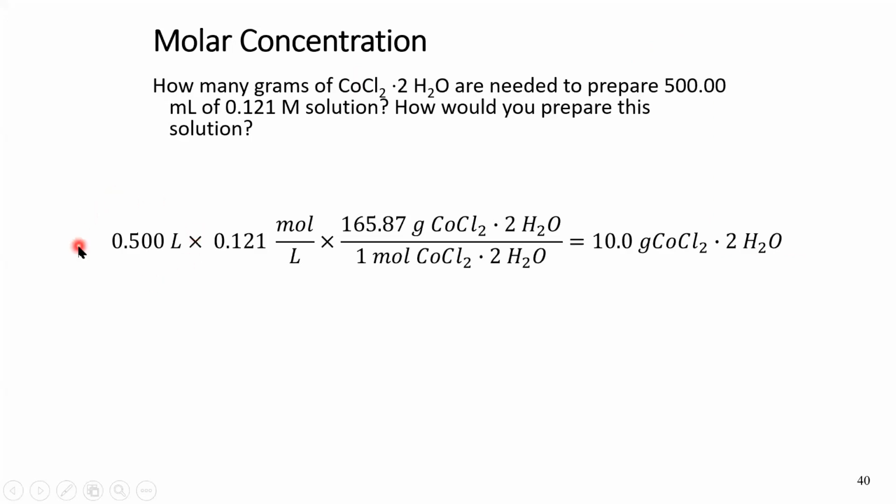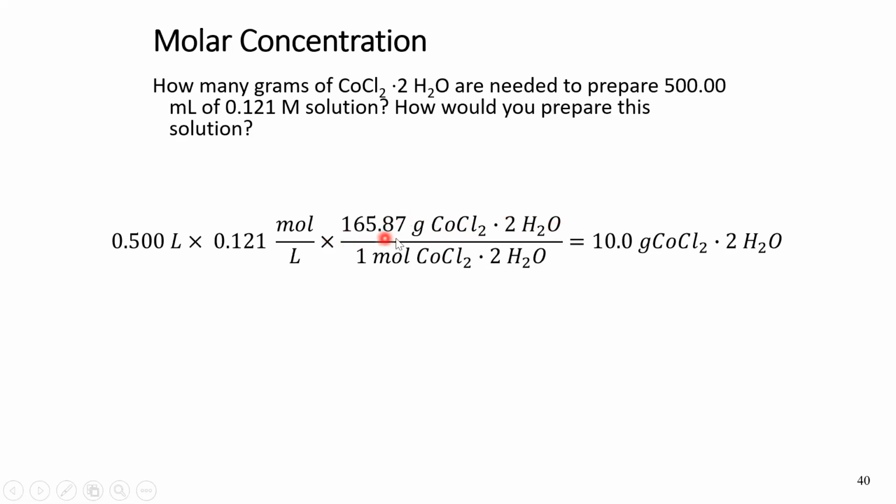Okay, so we've got 0.5, just didn't show the conversion here. So 0.500 liters. We're going to use our molarity to convert from liters to moles. And we're going to use the molar mass to convert from moles to grams. And again, where does this 165.87 come from? We're going to use our periodic table. 1 times cobalt plus 2 times chlorine plus 4 times hydrogen plus 1 times oxygen.